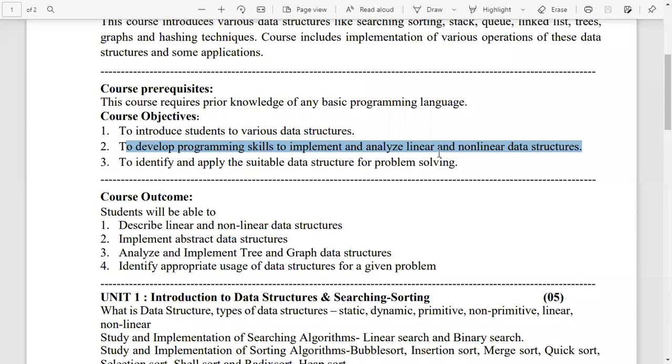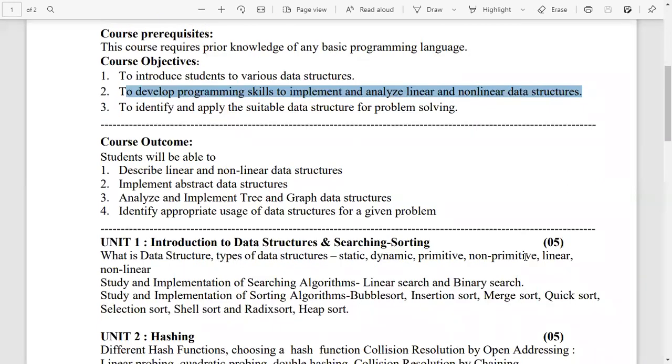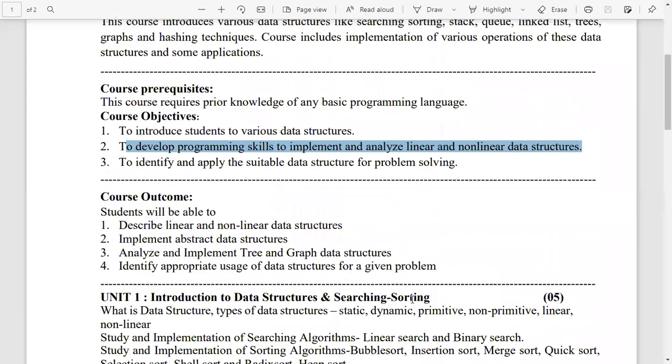I will explain what is meant by linear and what is meant by non-linear data structure at that time.